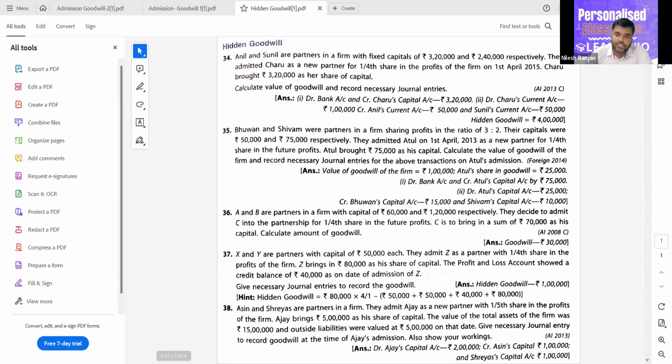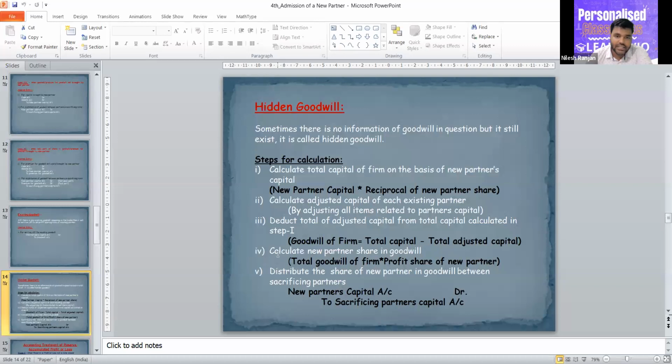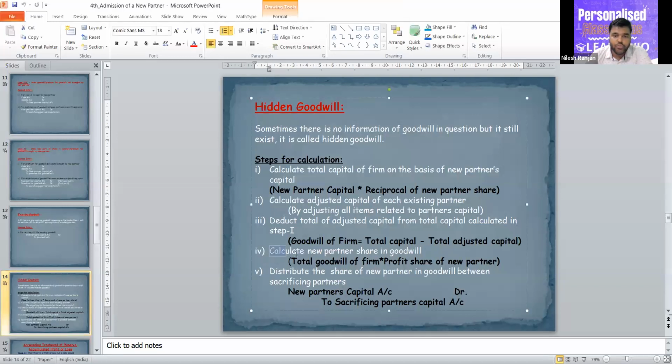After calculation of this goodwill, we have to do one more step before passing the journal entry. That is calculate new partner share in goodwill. You have calculated goodwill of the firm, that is 1 lakh, not goodwill of the new partner.